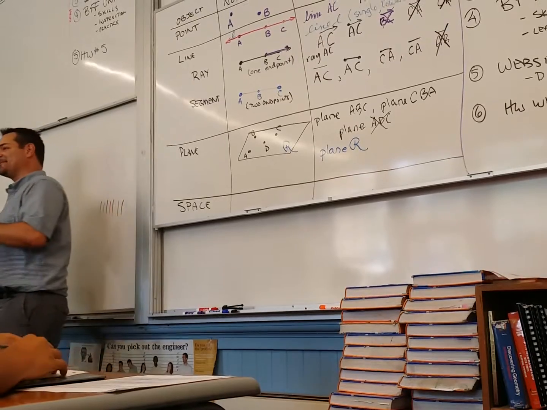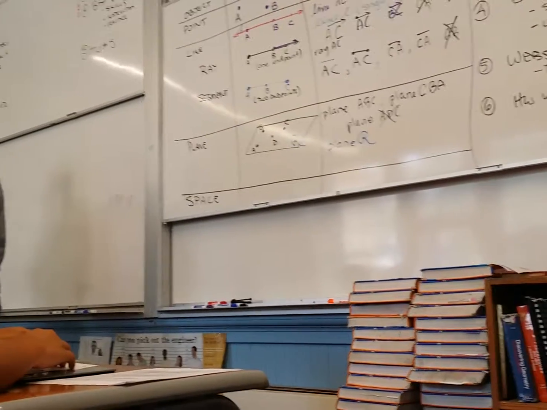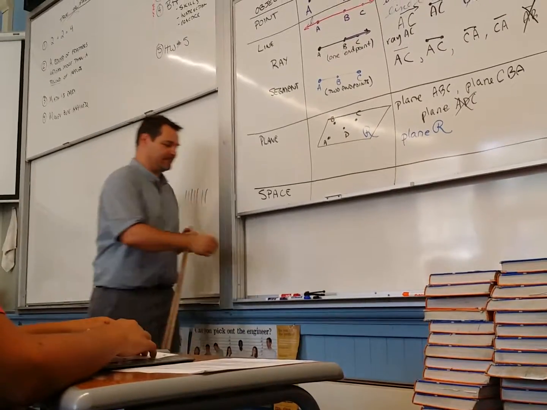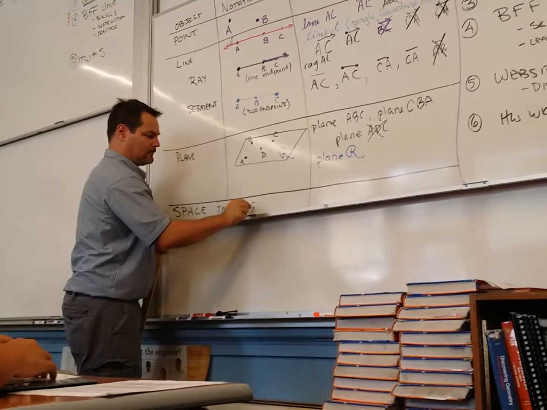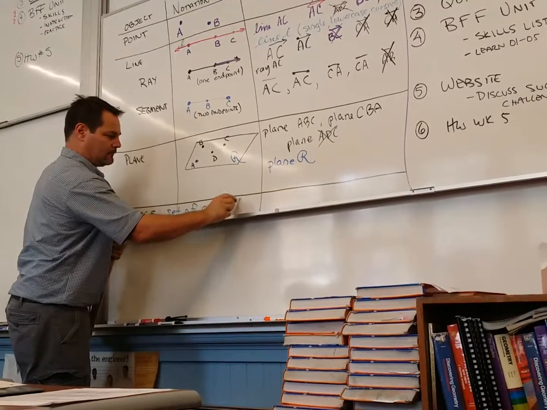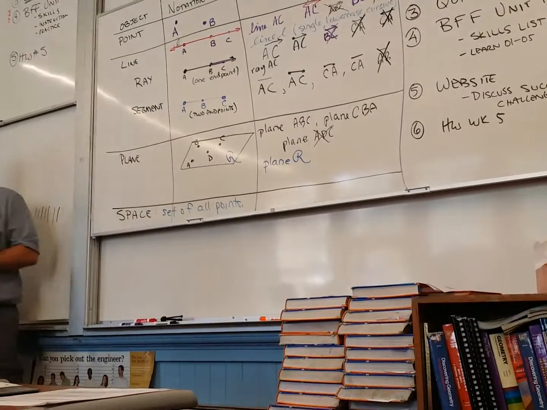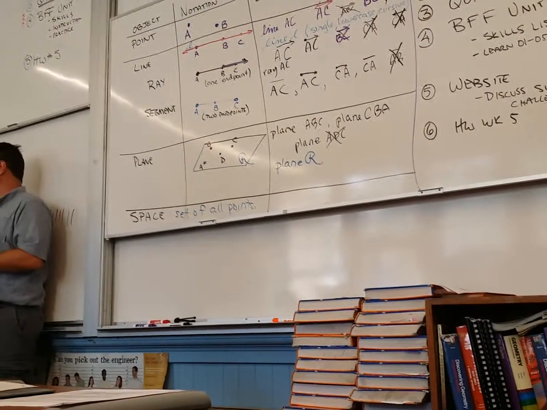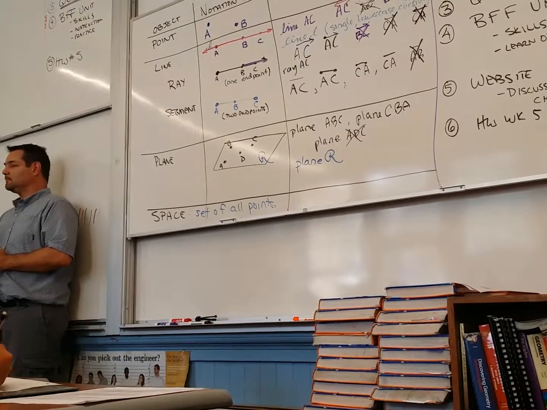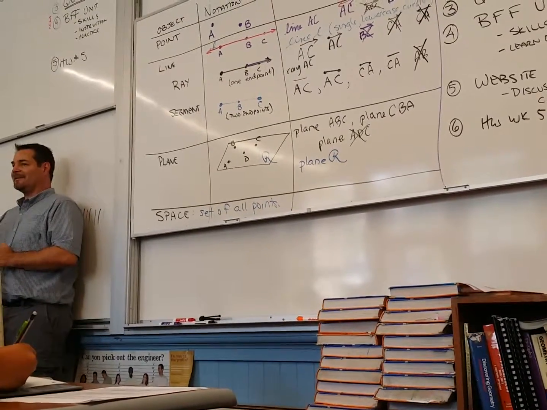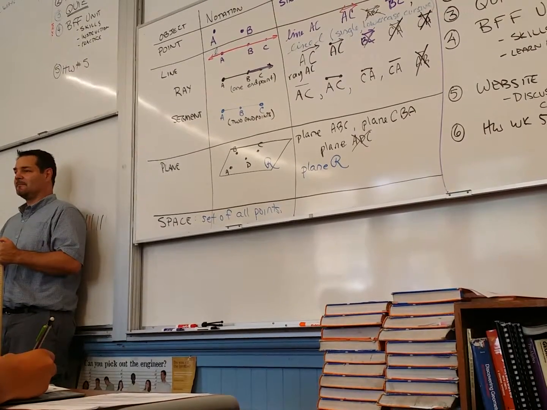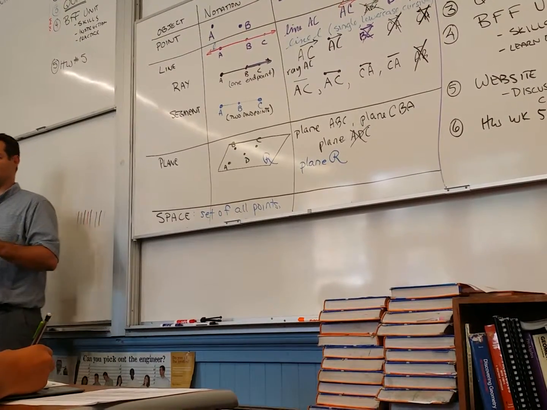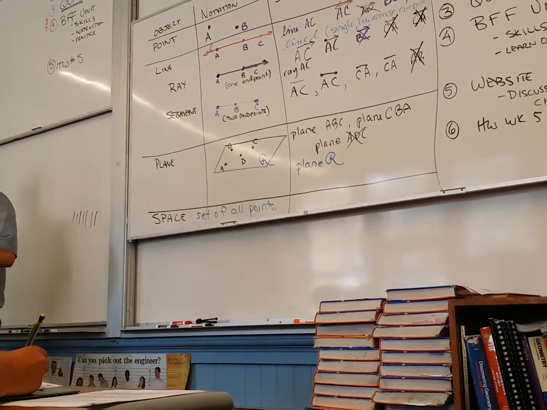Einstein's going to tell us there's more than one, but space is the set of all points. That's our definition. And if we accept that definition, the set of all points, how many spaces are there? One. Therefore, is there any value in trying to distinguish one space from another? There aren't multiple spaces. We won't name spaces differently. We'll just say space. Okay.